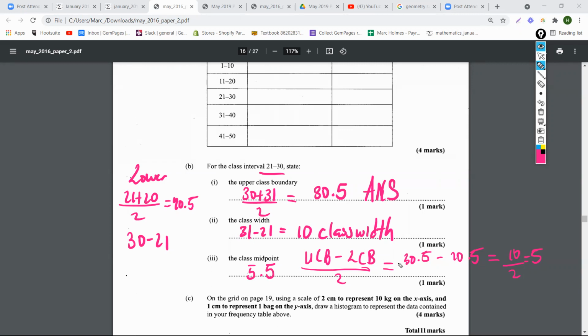It says here for the class interval 21 to 30, the starting points and the end points are divided by 2, meaning 21 plus 30 divided by 2. This makes sense to me. That seems like the midpoint for that class.